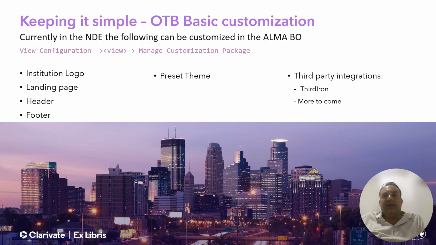There is also a list of preset themes, a set of predefined color themes that we provide for simple theme customization, and third-party integration. As for third-party integration, it relies on the customization package for the vendor to provide, with one exception: the reference to the remote entry and a configuration file are configured in the Alma back office in the Discovery menu, Add-on Configuration.